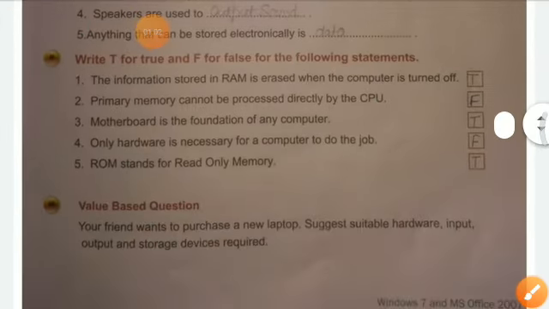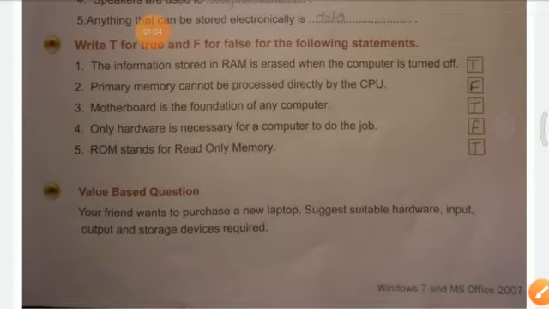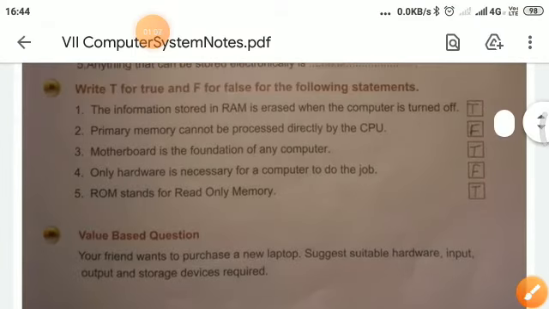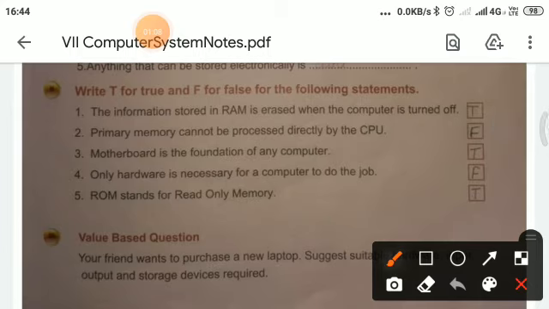And next section of your exercise is write T for true and F for false for the following statement. Students, you have to mark T for the correct statement and F for the incorrect statement. Let's see how you do these types of questions. Question number first: the information stored in the RAM is erased when the computer is turned off.